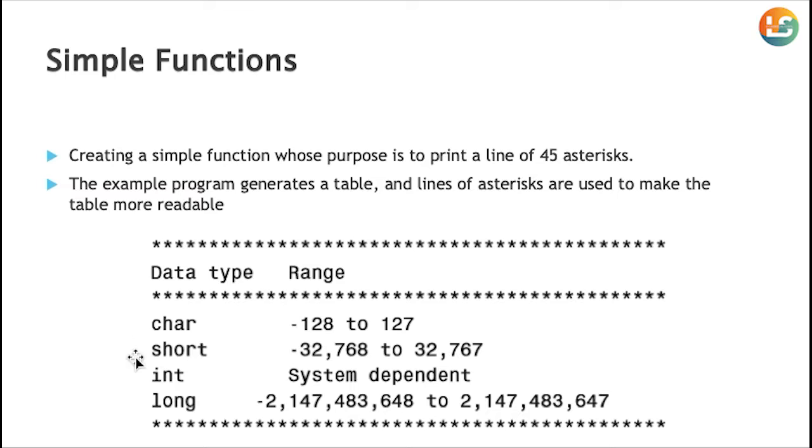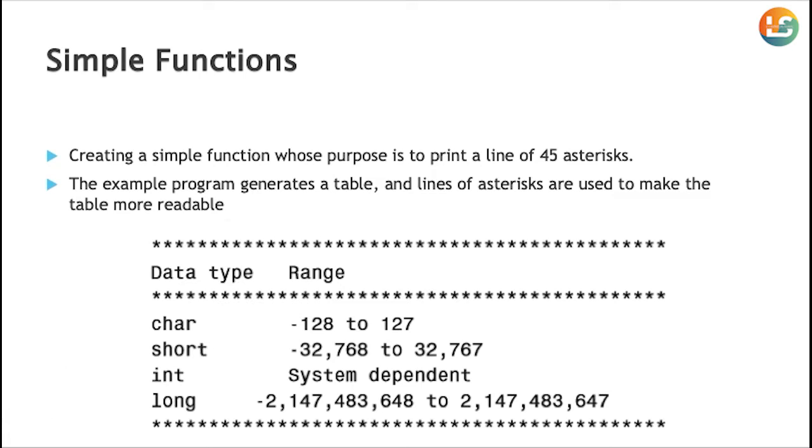But if we are not comfortable writing the code for printing a static line again and again, we can put the statements that give us the static line into a function and then call it in our main function as many times as we want.